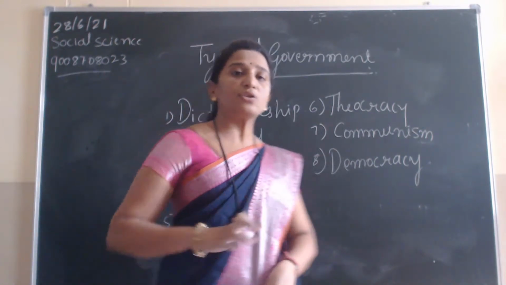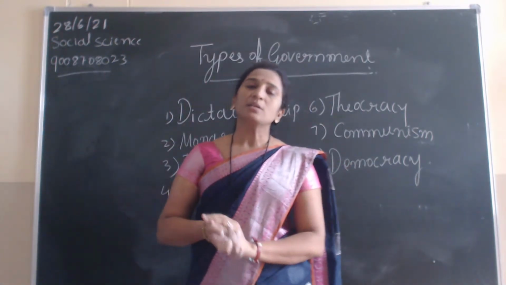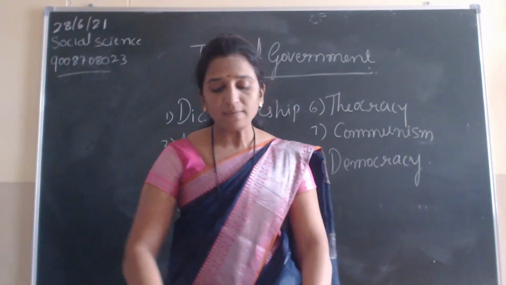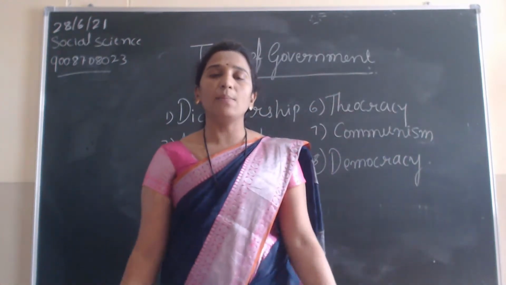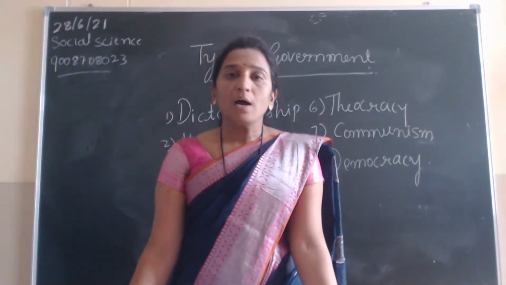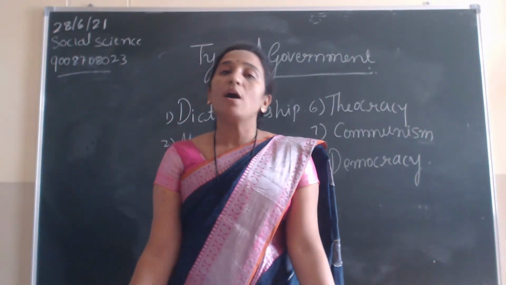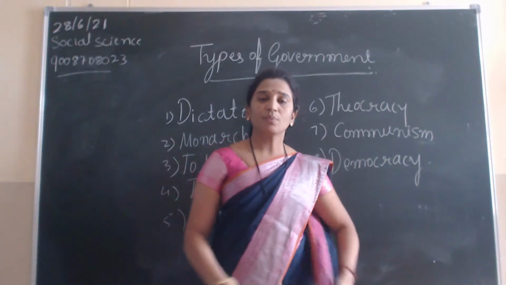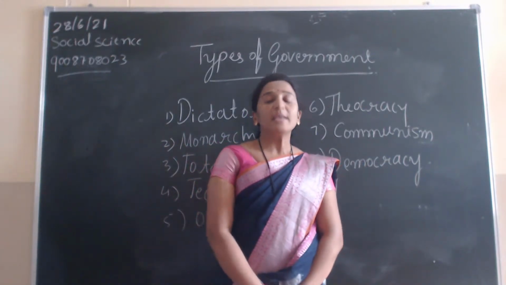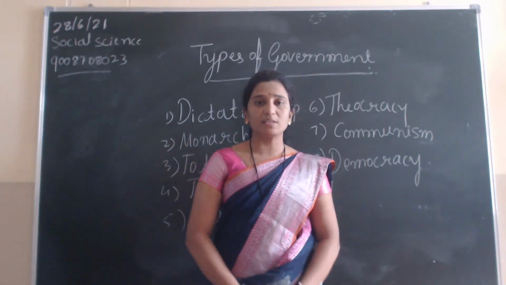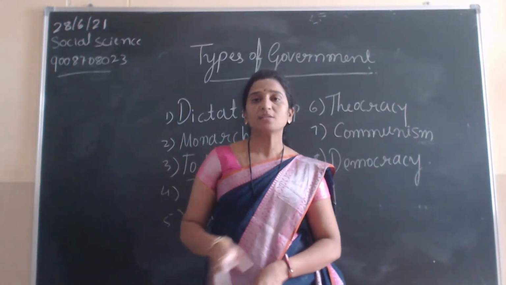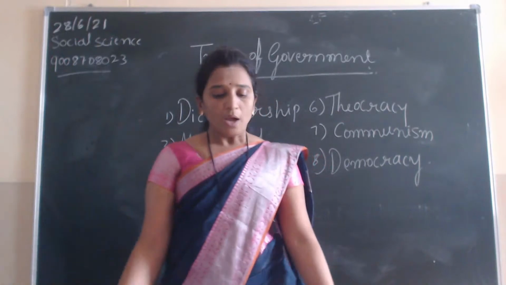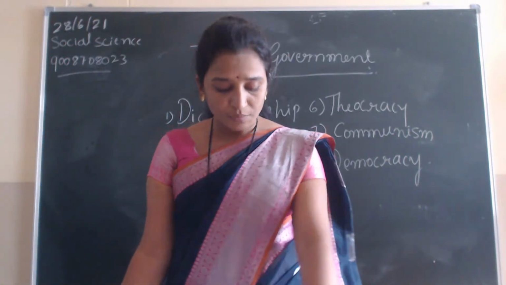These are the 8 types of government. One by one we are going to learn, because different countries have different governments or political systems. Everybody has their own system, based on the government laws, official policies, everything. On that basis they decide.